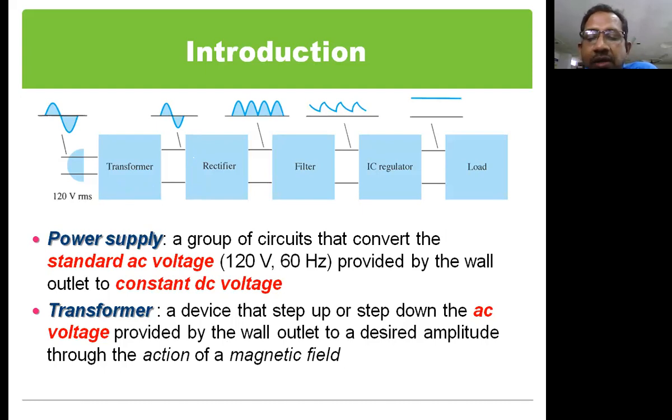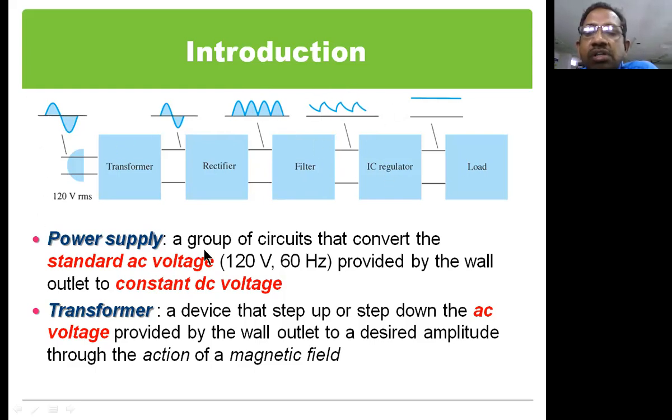After transforming by using a transformer, we connect a rectifier, which converts an AC signal into a DC signal, which is usually a unidirectional signal. That pulsating DC is applied to the filter circuit to produce an average DC with a little bit of distortion. This distortion is a result of what?